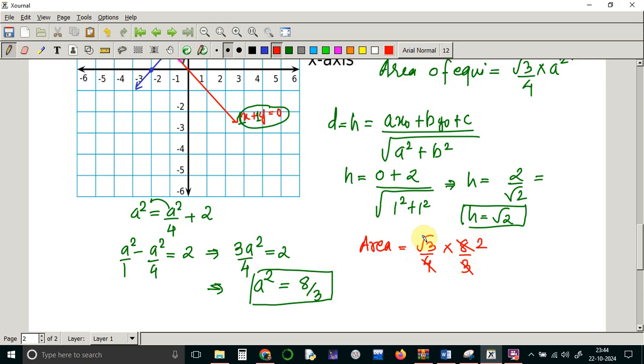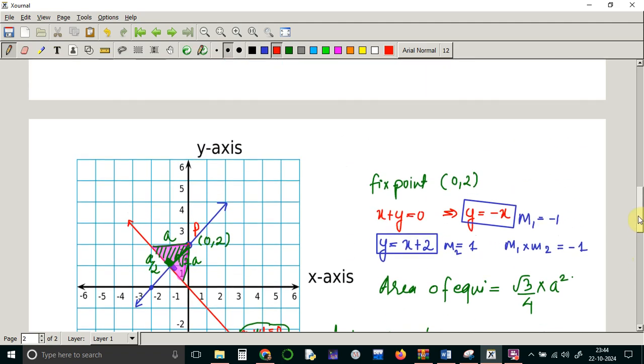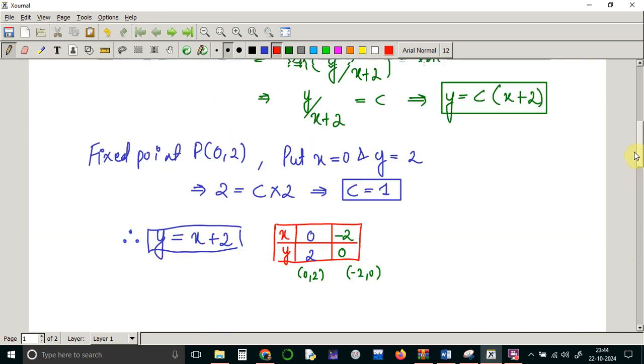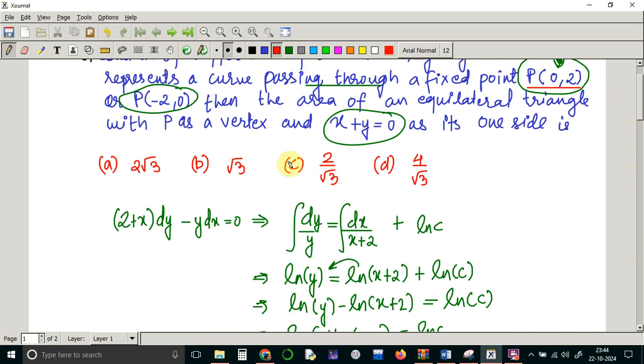So this is 2, and this is root 3. So area is 2 root 3. So the correct option is this, if you take this fixed point.